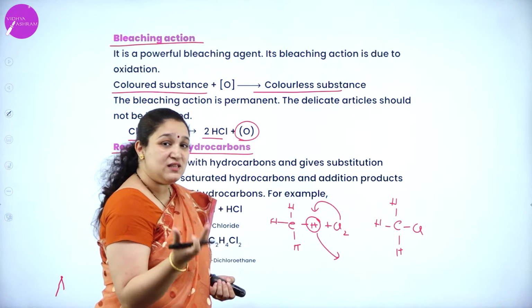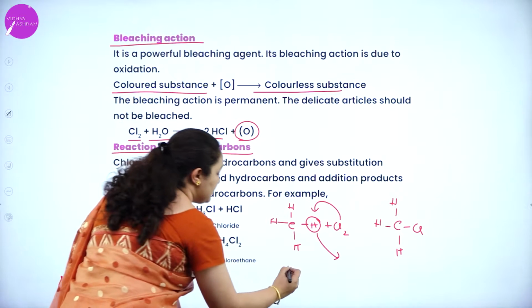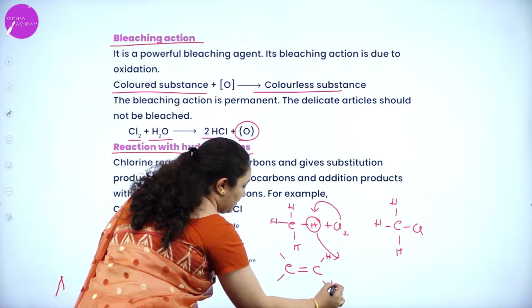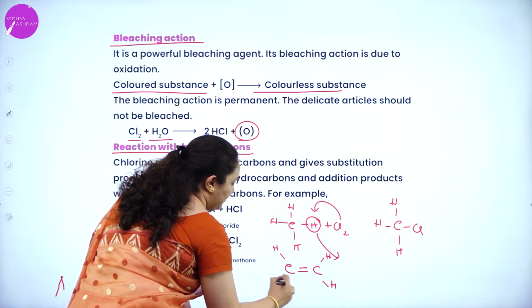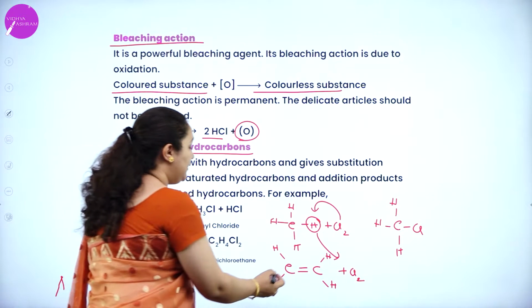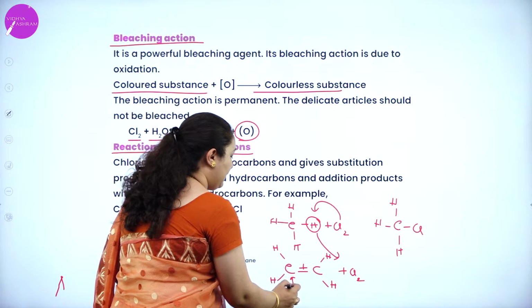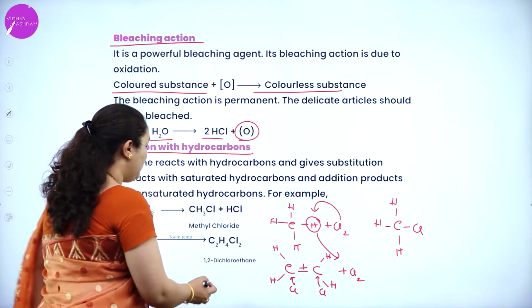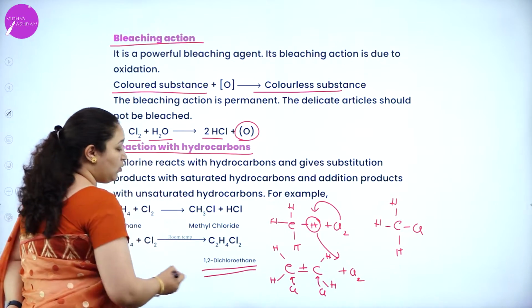Now if it is an unsaturated hydrocarbon, just like ethene, you have carbon-carbon double bond. Okay, ethene I have taken up. So when this is treated with chlorine at room temperature, the double bond is broken and to this carbon atom one chlorine is added, to the another carbon atom one chlorine is added. So you will get 1,2-dichloroethane.